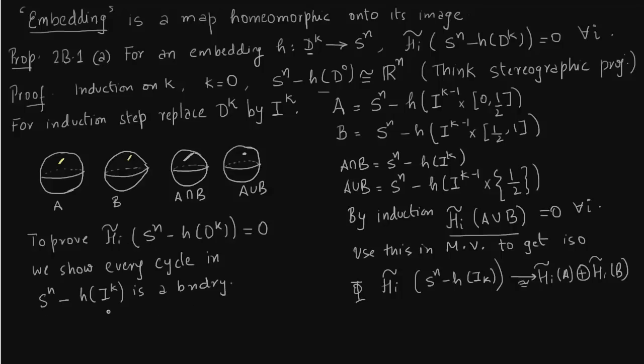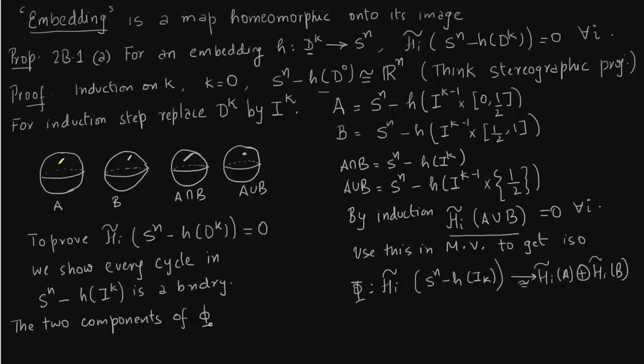Now the Mayer-Vietoris sequence and the isomorphism we have constructed show that the map phi has two components, component A and component B. This is induced from the inclusions of S^n minus I^k, which is A intersection B, obviously.